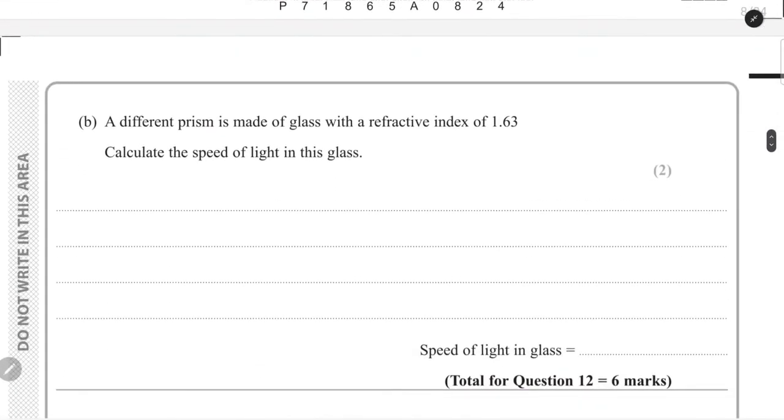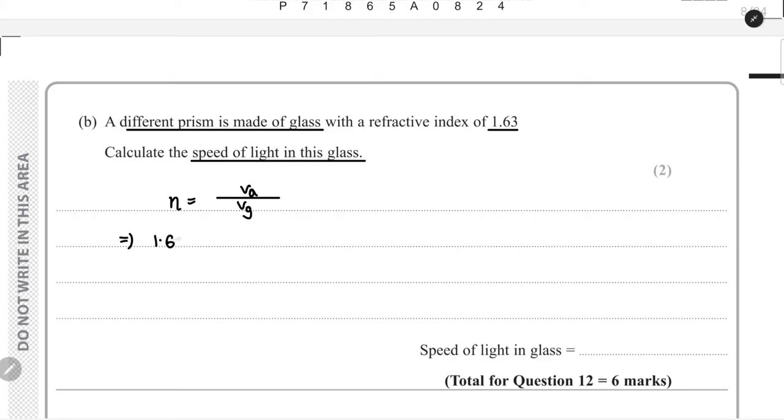Now in the next question, we are given that a different prism is made of glass with a refractive index of 1.63. We have to calculate the speed of light in the glass. The refractive index is also equal to V1 by V2. In this case, which would be the velocity of light in air divided by the velocity of light in glass.